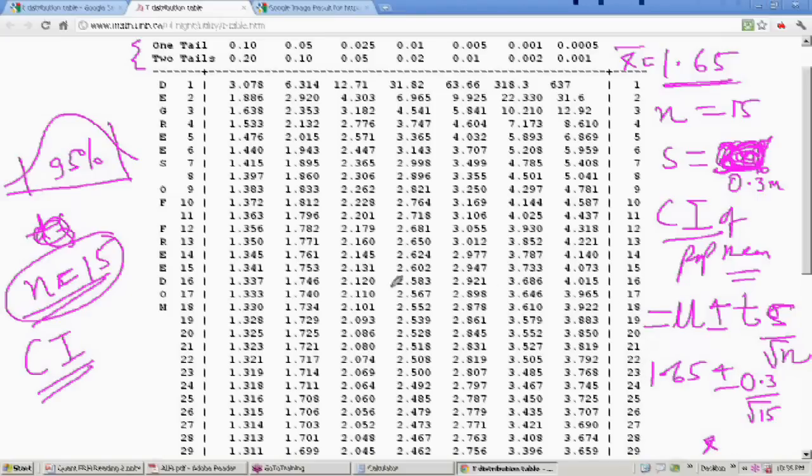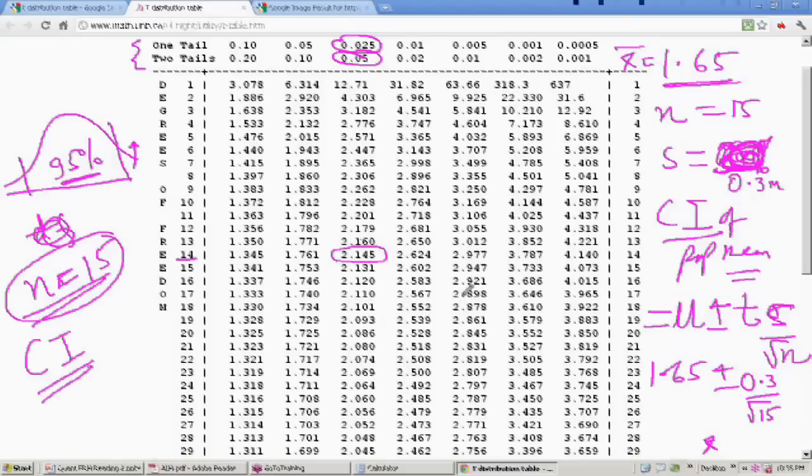I am getting a confidence interval of 95%. So can I say that the one tail probability will be how much? 2.5%. Or I can say the two tail combined probability will be 5%. So I have to look into this particular table only. And what is the degree of freedom? Degree of freedom will be 14. So I will be looking into 2.145.